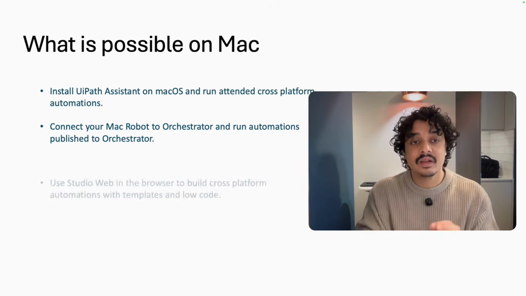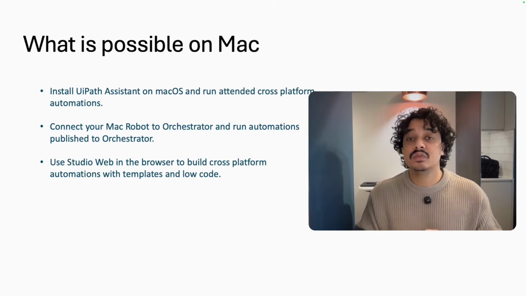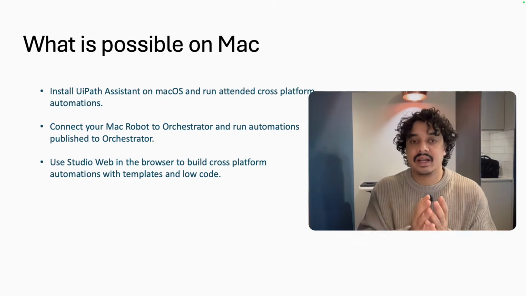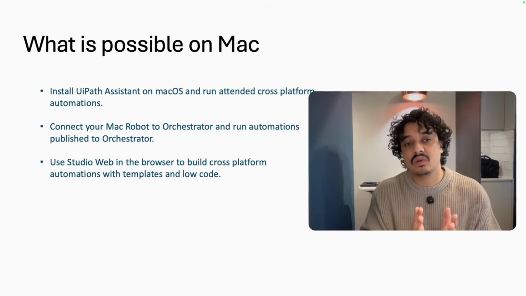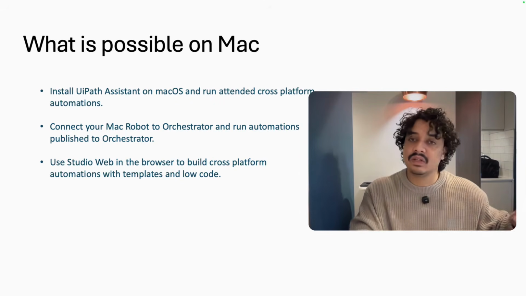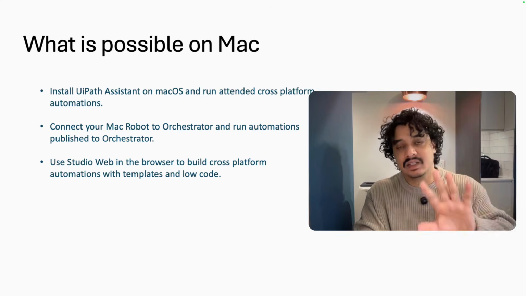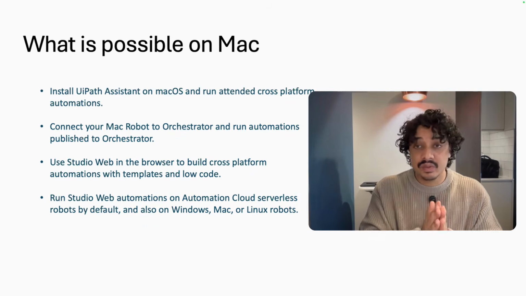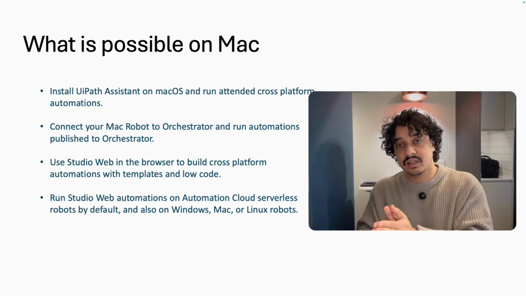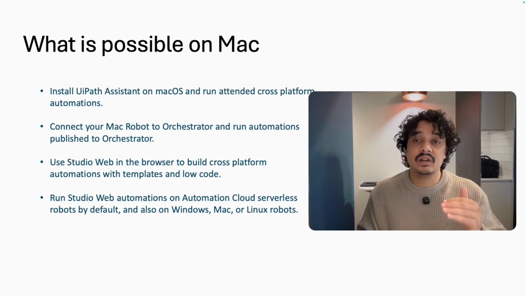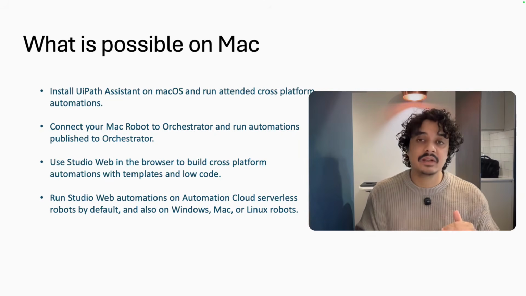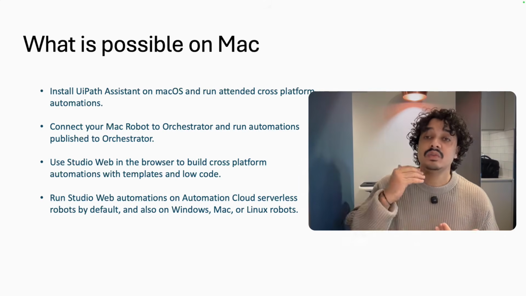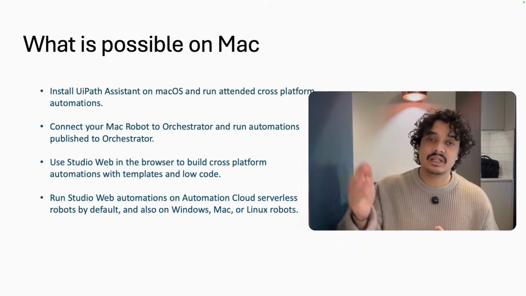The third thing is we can use UiPath Studio Web to build the code, and you can always utilize all the templates, all the low code, everything that is available in Studio Web; that is still available for you here as well. And lastly, we can also run the automations which we have created in Studio Web, and you can also use it to trigger on Windows, Linux, or serverless.